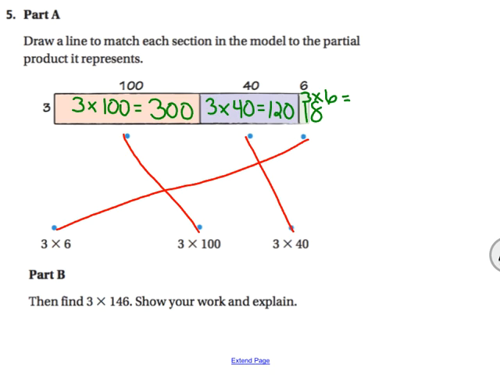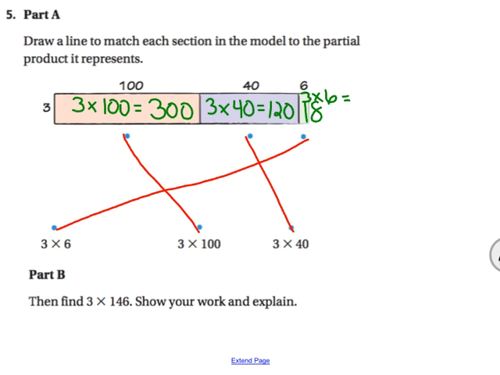Okay. Part B, we're just asking you to find what 3 times 146 is. Show your work and explain. Now here, you can do the area model and use the area model to help you. You can do the traditional method. You could do the distributive property.